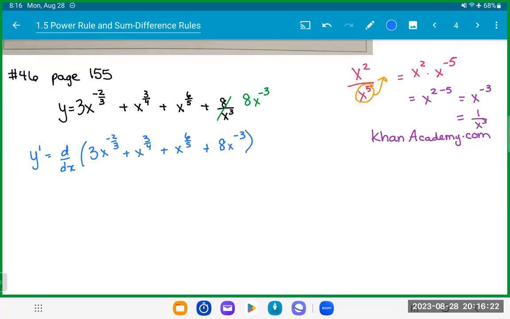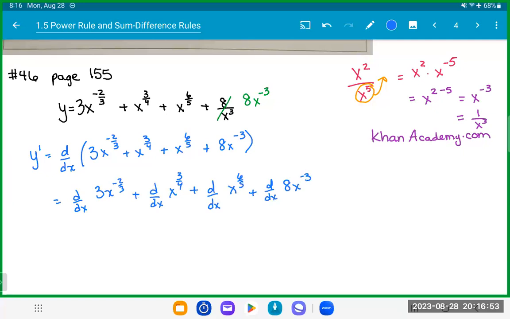Okay. So when we're looking at that, we can actually break that out as the derivative of 3x to the negative 2/3 plus the derivative of x to the 3/4 plus the derivative of x to the 6/5 plus the derivative of 8x to the negative 3.